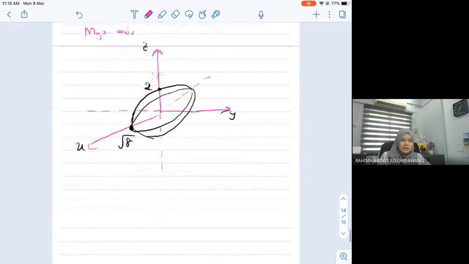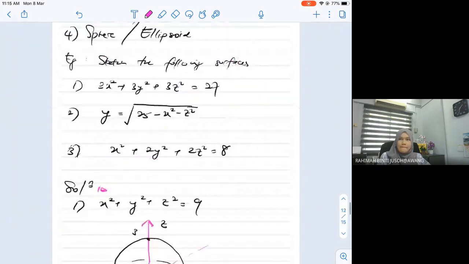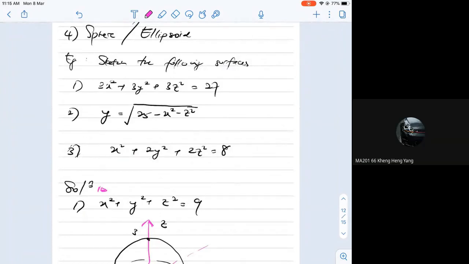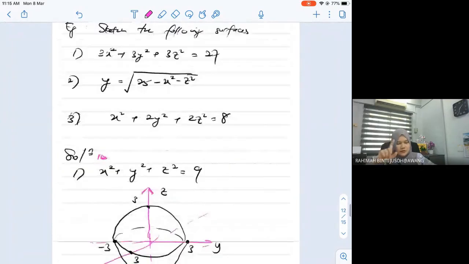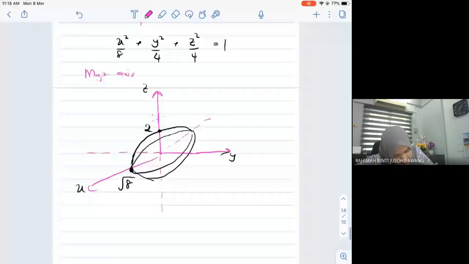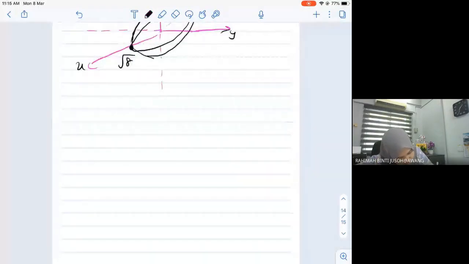Okay, so understand ellipse and sphere? Boleh guys? So kalau ellipse ni, you kena tengok dia major axis dia dekat mana lah. Okay? Now, equation of sphere. Equation of sphere ni, dia ada satu topik dalam buku.